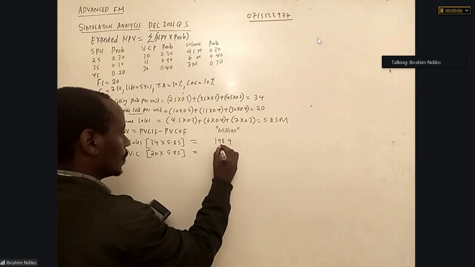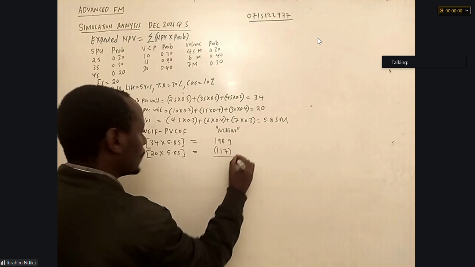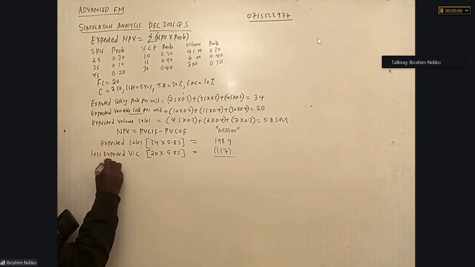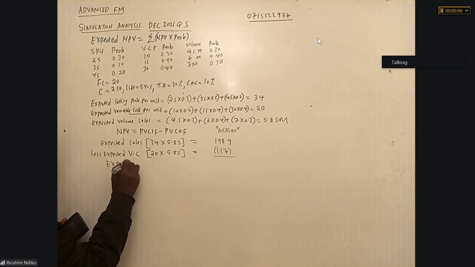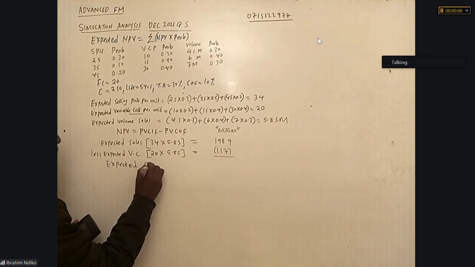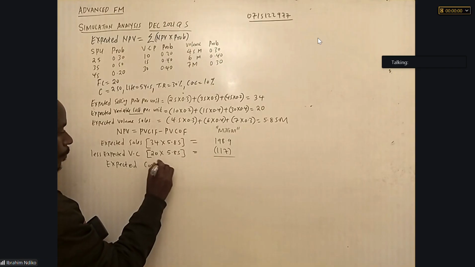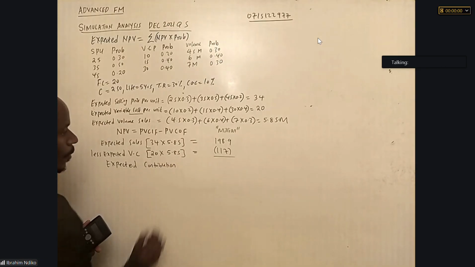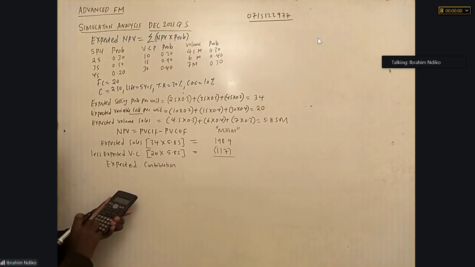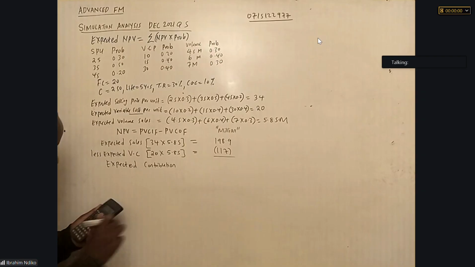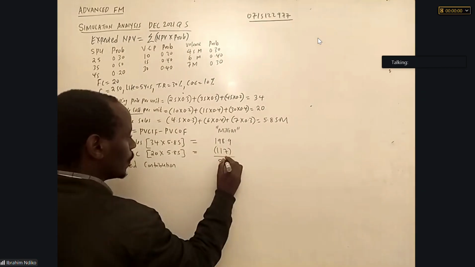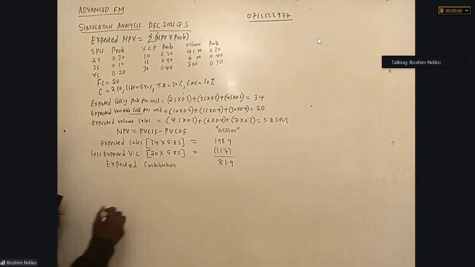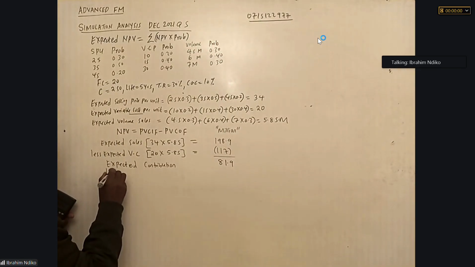Nakupatia 17, so that you can get expected contribution. So 198.9 minus answer, 81.9. Sivyo? Then you less fixed.